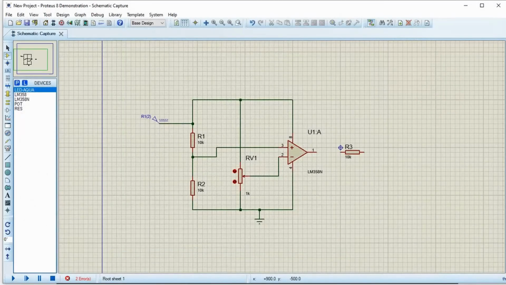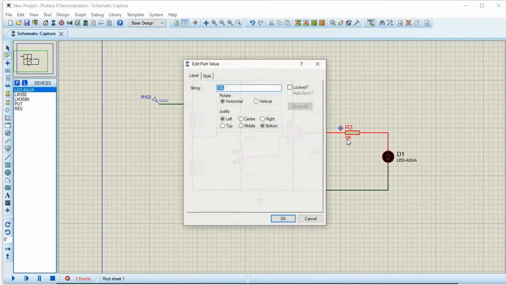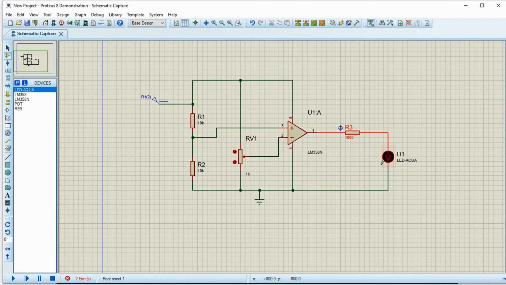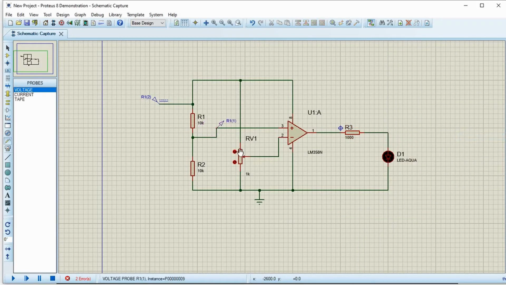Let me reduce this resistor value to 1k, as the intensity of this LED is going to be really low. Let's quickly place some voltage probes also. One here at the positive, one at the negative, one at the output. Okay, let's start the simulation.